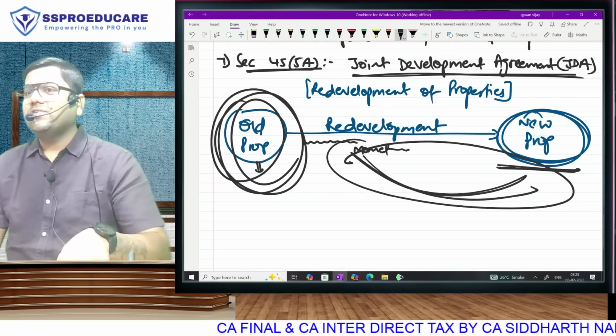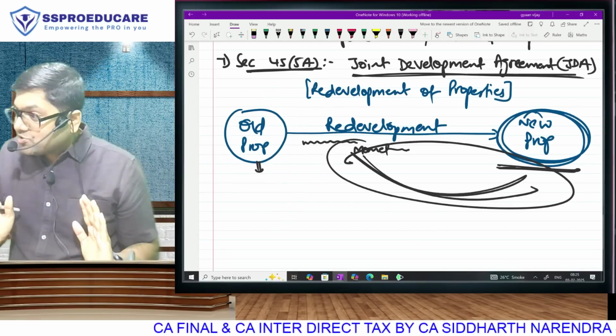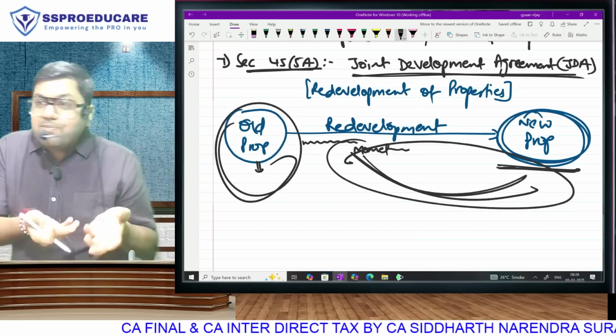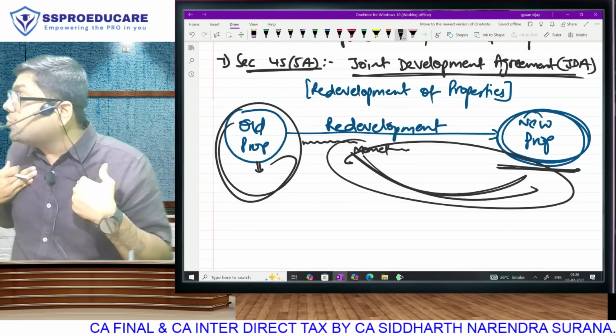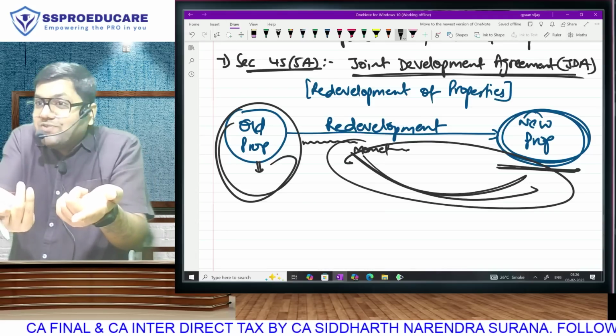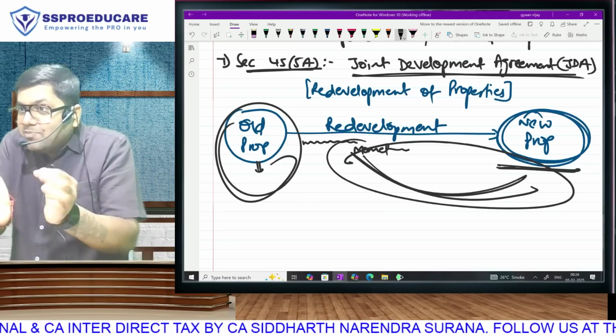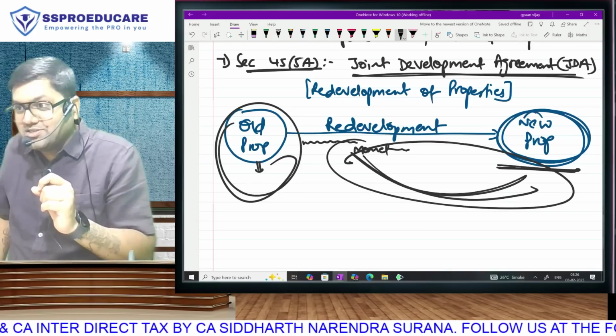What is the heading under which we have studied joint development agreement? Please understand. Capital gain is sale minus cost. This old property was acquired by me once upon a time. I am aware of the cost of acquisition. If I would have sold this property to someone at a monetary consideration, I would have taken that as the consideration. But I am not selling this property to anyone at monetary consideration.